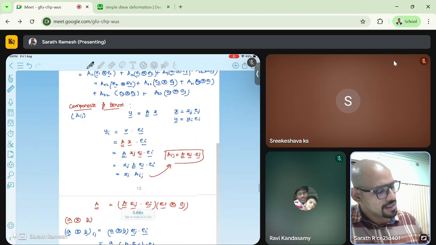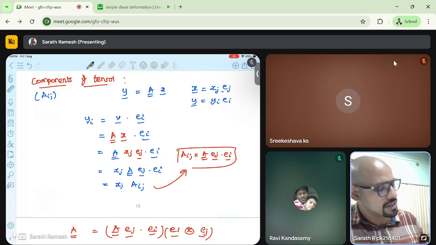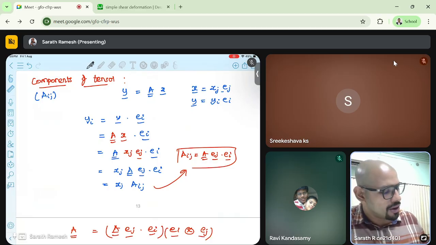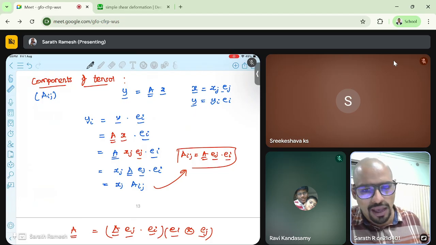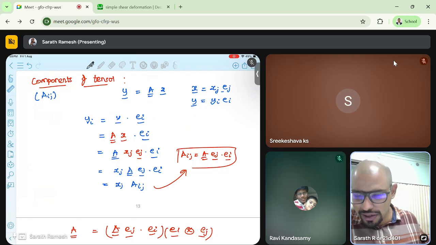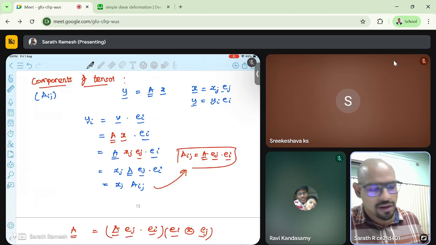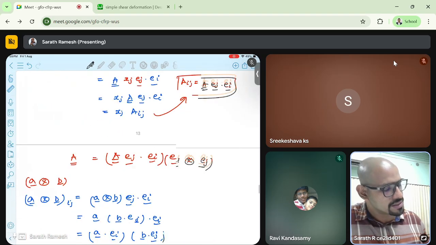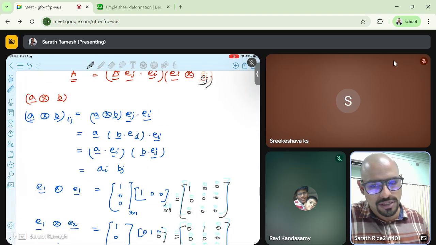We saw how to find the components of a second order tensor. Just as for a vector a_i equals a dotted with e_i, here e_i dotted with A e_j gives the ij component of the second order tensor.